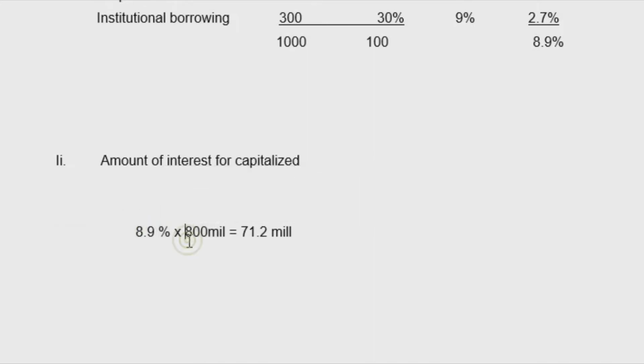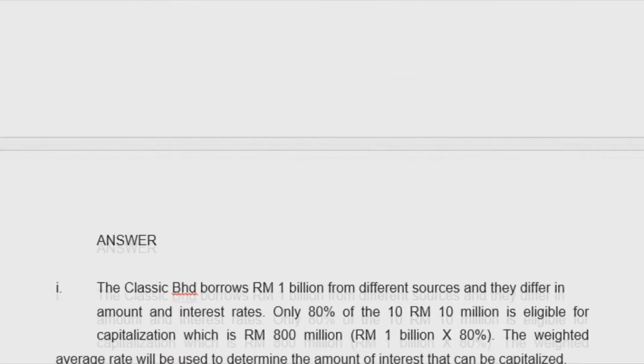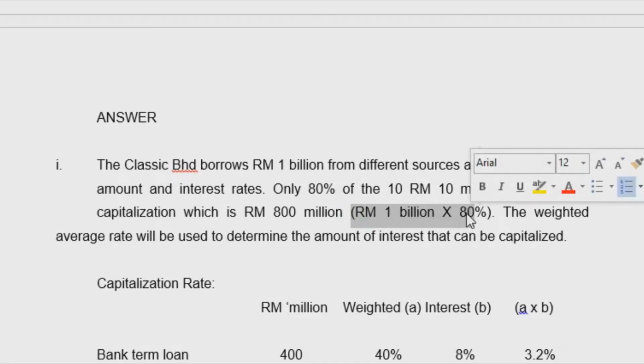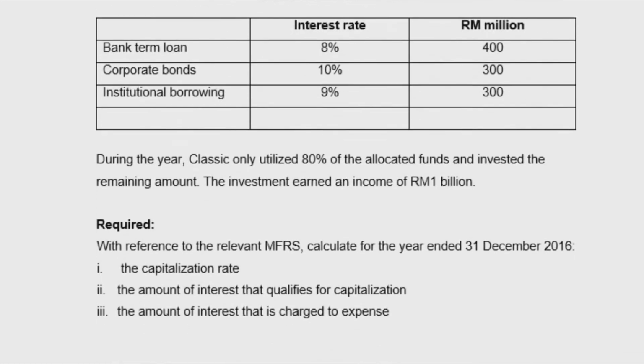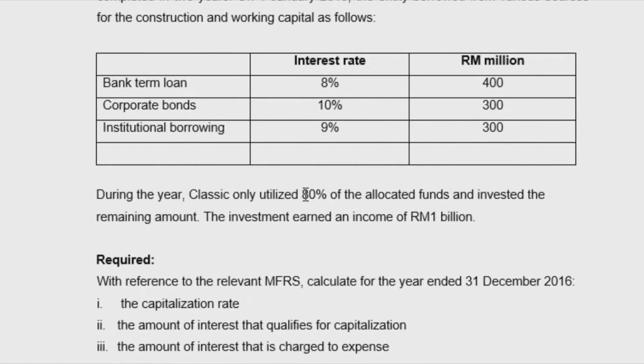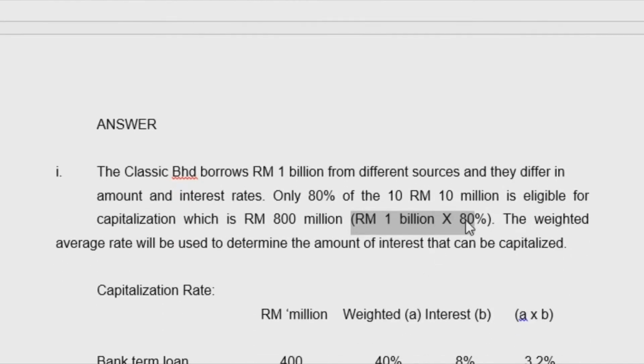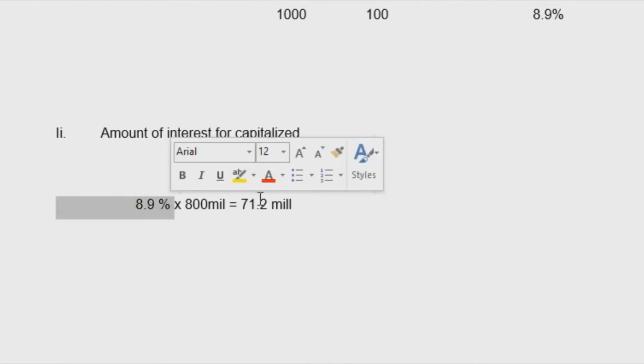The 800 million is from 1 billion times 80%, because in the question we see it can only utilize 80% of the allocated fund. Then we times by the capitalization rate of 8.9%, and we get 71.2 million. That is the amount of interest for capitalization.